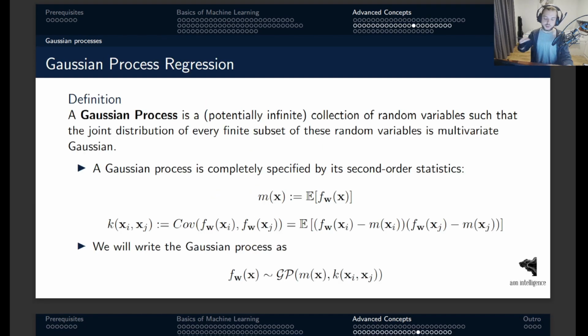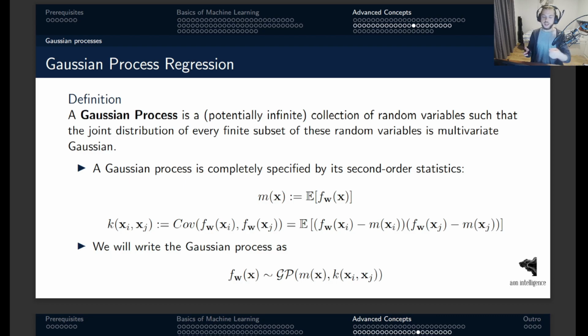Now in this lecture about Gaussian processes, we haven't started talking about Gaussian processes yet, but now we will do so. So let's define a Gaussian process. A Gaussian process is a potentially infinite collection of random variables such that the joint distribution of every finite subset of these random variables is multivariate Gaussian, right? Okay, so you have this collection of random variables. It's a set.